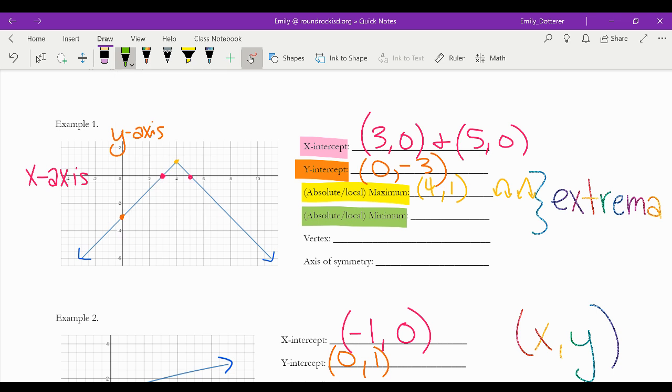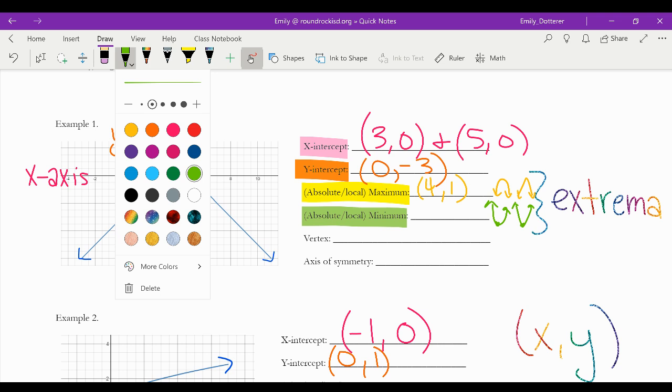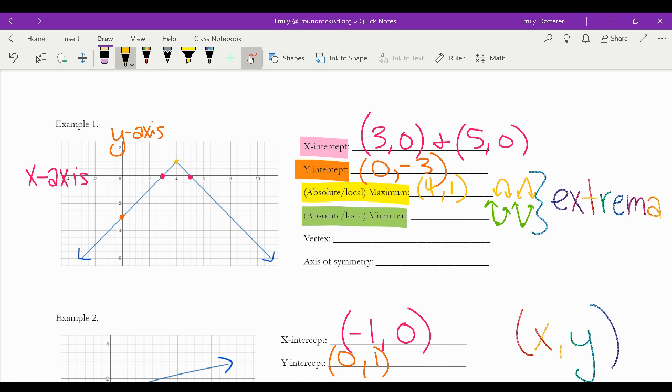Or it'll make kind of that shape. And we want the point at the very bottom or the very top, depending on whether it's maximum or minimum.